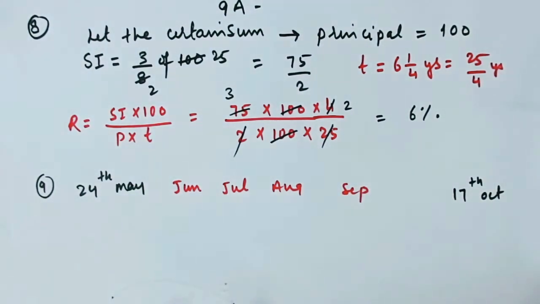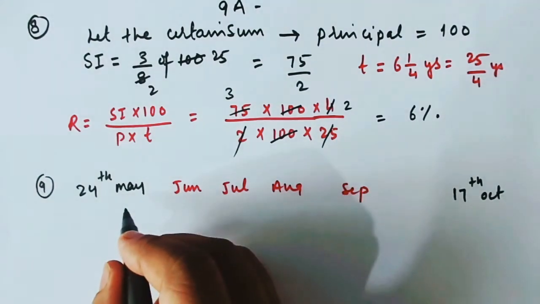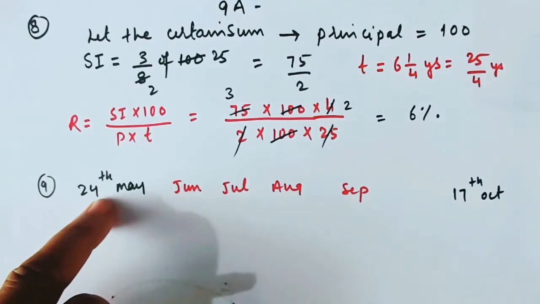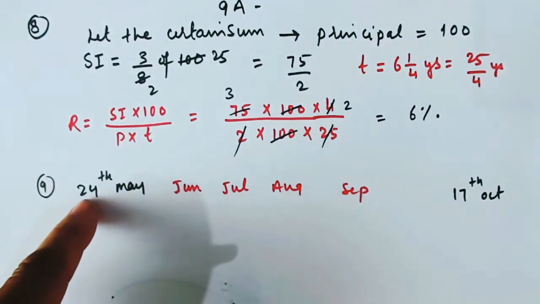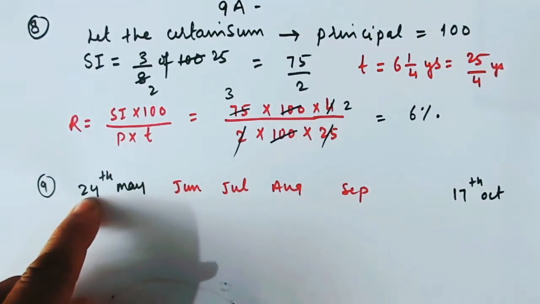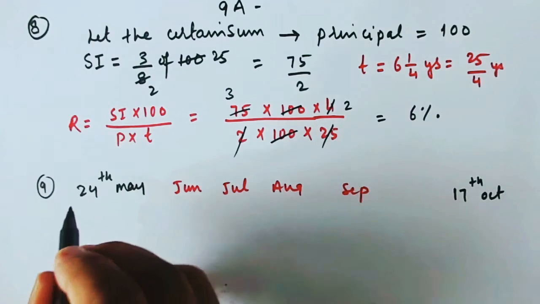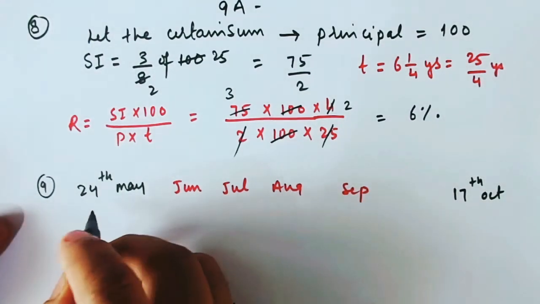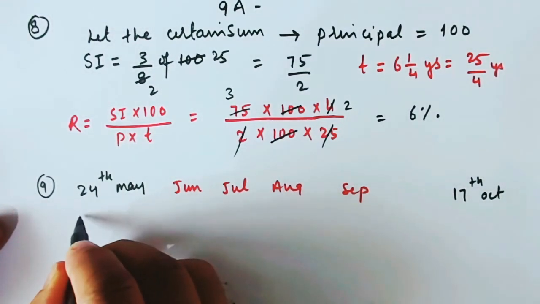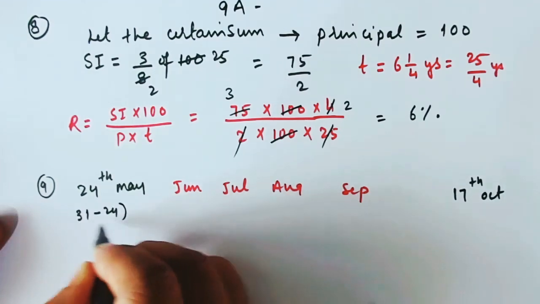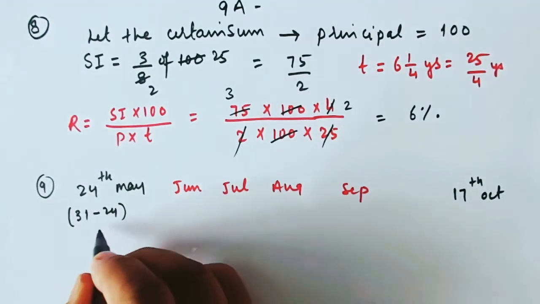So let us see. Your May has how many days? Out of 30 total you have 31 days. The particular day on which the money is being taken, or the loan is being taken, is not counted. Okay? Come on. So here in May you have how many days? 31 minus 24, which is equal to 7 days.